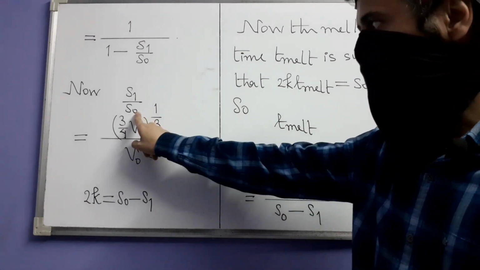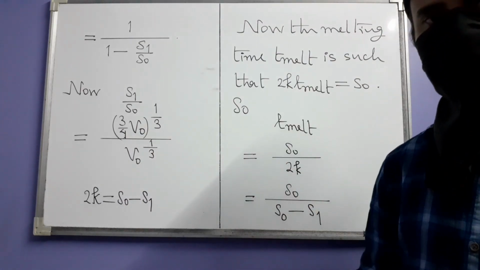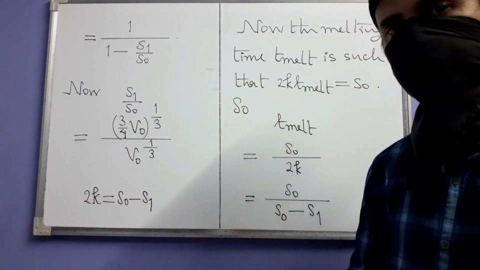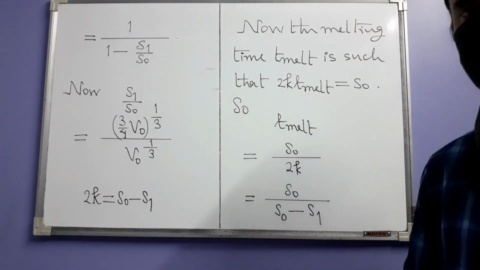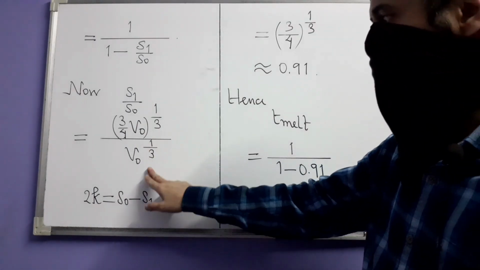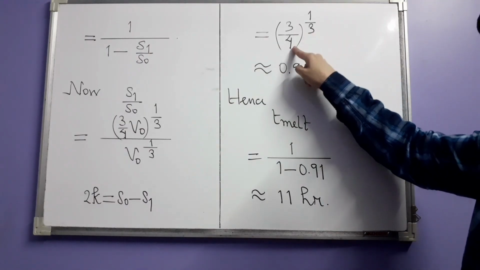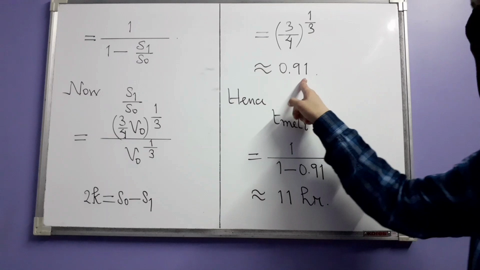The initial side length S0 is of course related to the initial volume like this: S0 is equal to the cube root of V0. So you can see that there is a cancellation. And after you cancel the cube root of V0 from the numerator and denominator, you are left with the cube root of 3 divided by 4, which is approximately equal to 0.91.